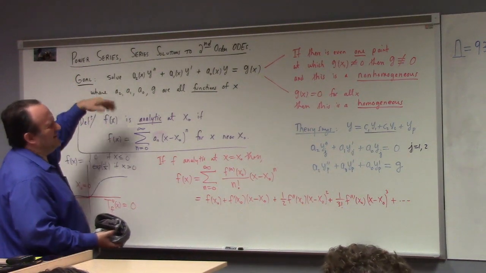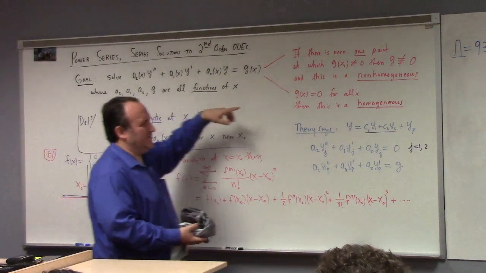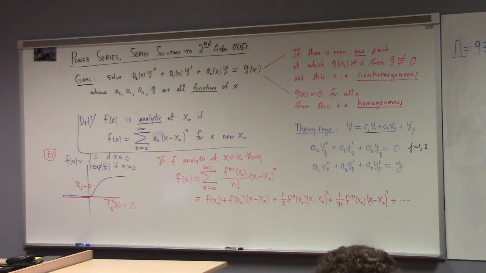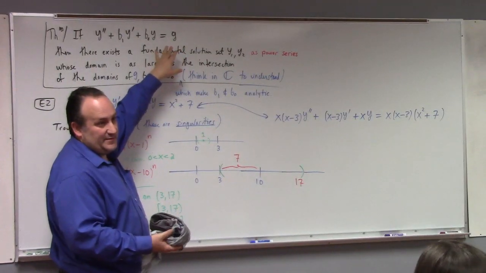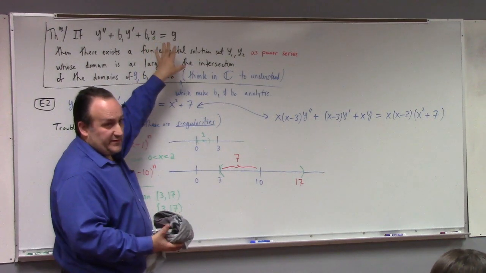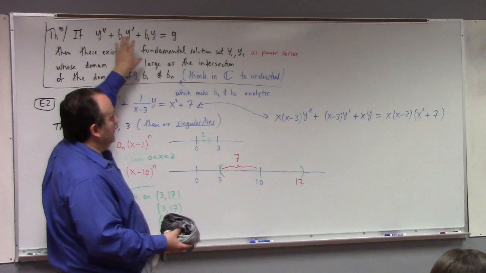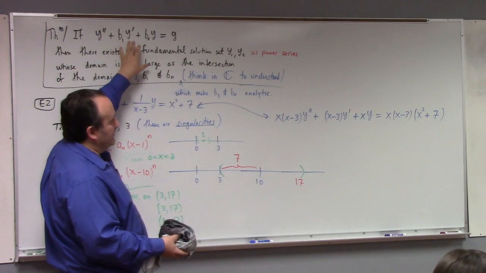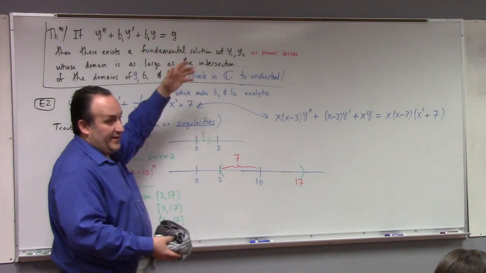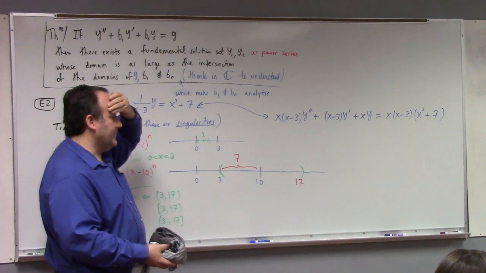There's a fussy condition I need. It's easier to say it this way. If b1 and b0 and g are all analytic at the point x0, then that's said to be an ordinary point of the differential equation. And if we have an ordinary point of this differential equation, then we can write the solution as a power series on some neighborhood of such a point, all right?